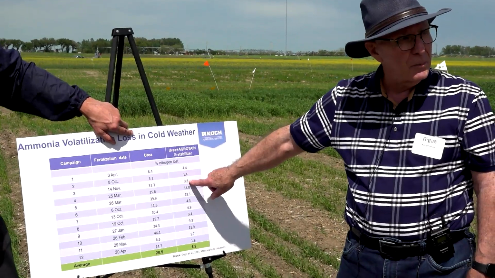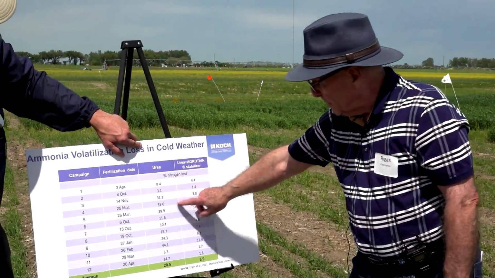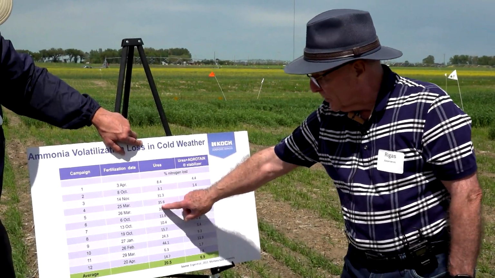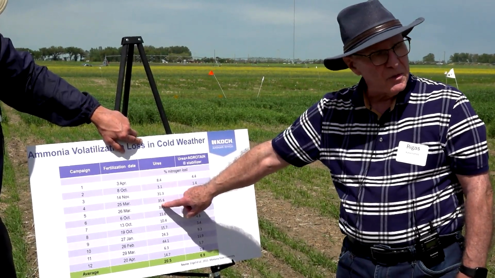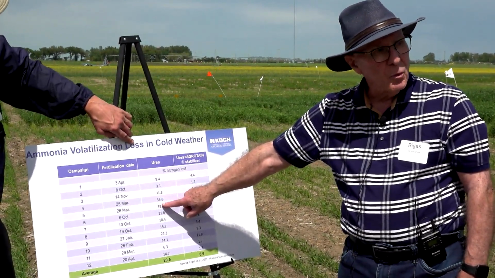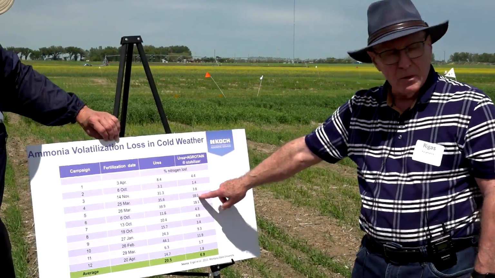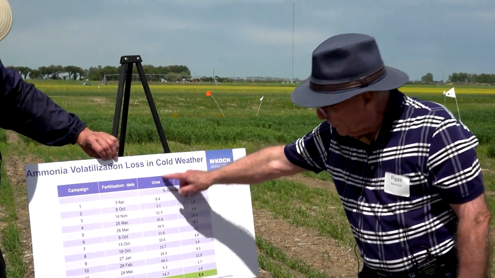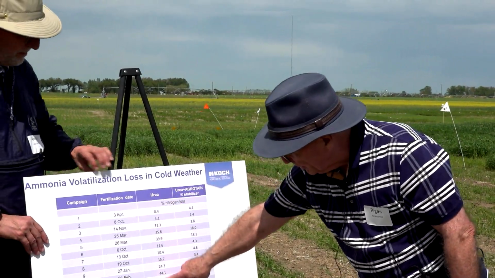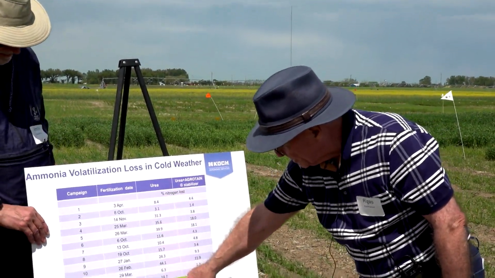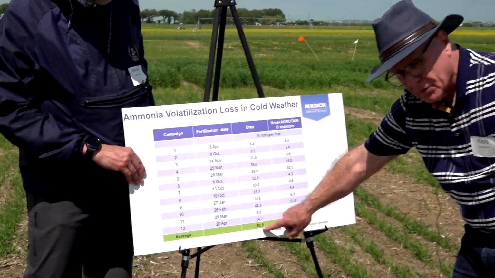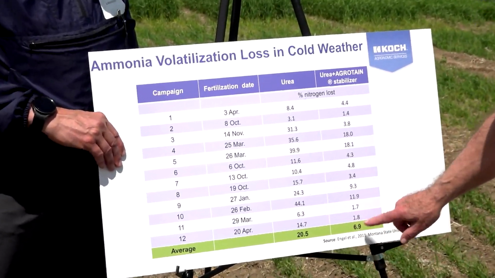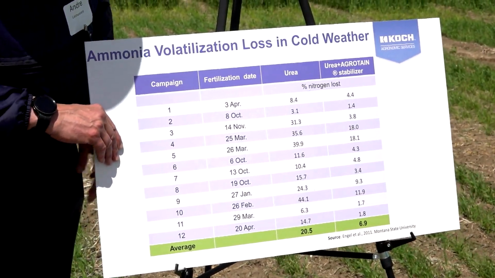It went down to 3.8. Same thing here in March. 36% losses with urea. When he put Agrotain, it was down to 18. Overall, over a period of 2 or 3 years, you found that the losses of urea are 20%. When you treat them with a urease inhibitor, it drops down to 7.